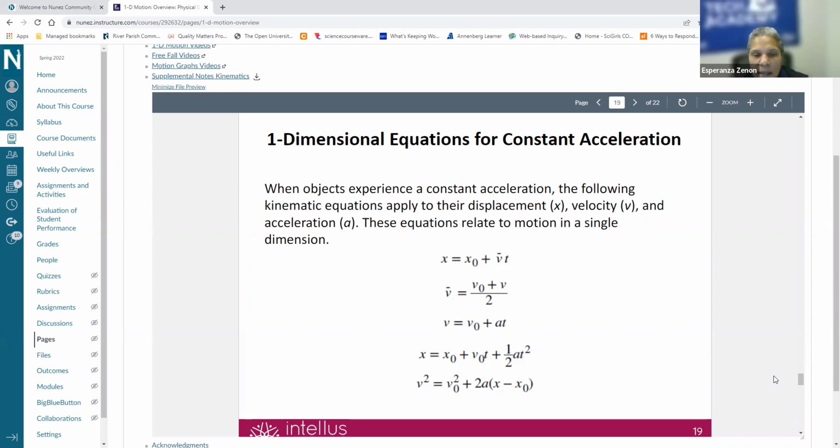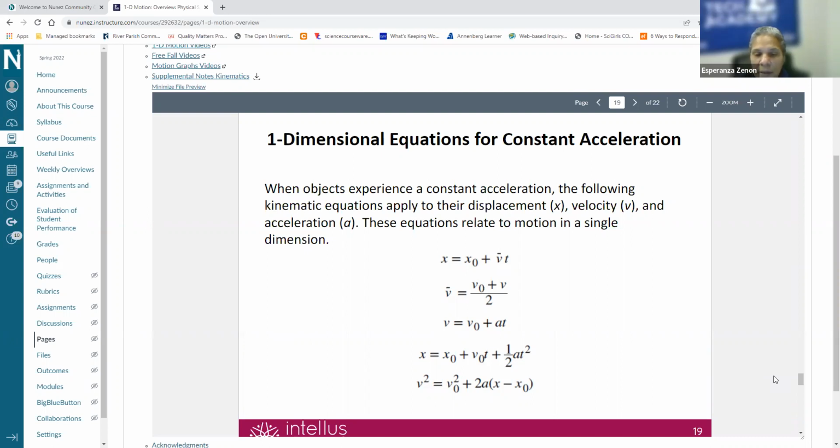Anytime you see the parameter x in an equation, they're talking about the position. Okay. So you can see in that first equation, x, which is the final position, equals the starting position plus the velocity times time.